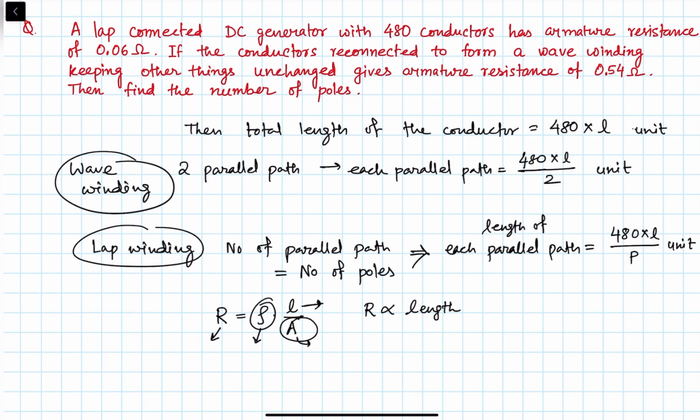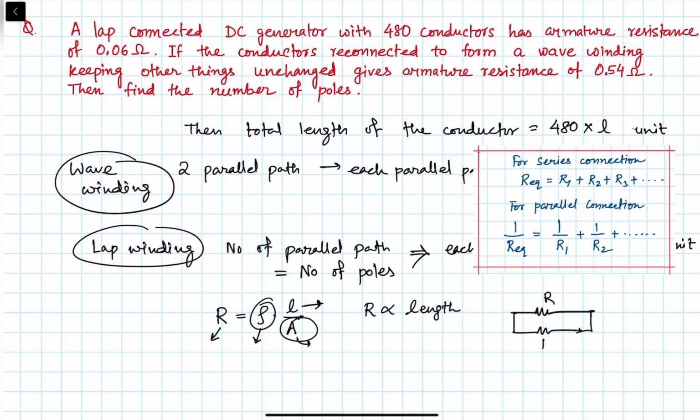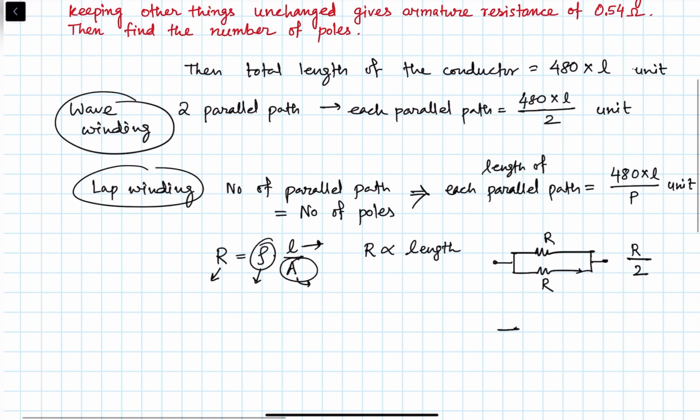And also when we connect the same resistance in parallel, the equivalent resistance becomes R by 2 here. Actually the 2 is the number of resistances. So if I connect R, R, R, 3 resistances, then the equivalent resistance will become R upon 3. You can consider this as parallel paths, just like our machine case.